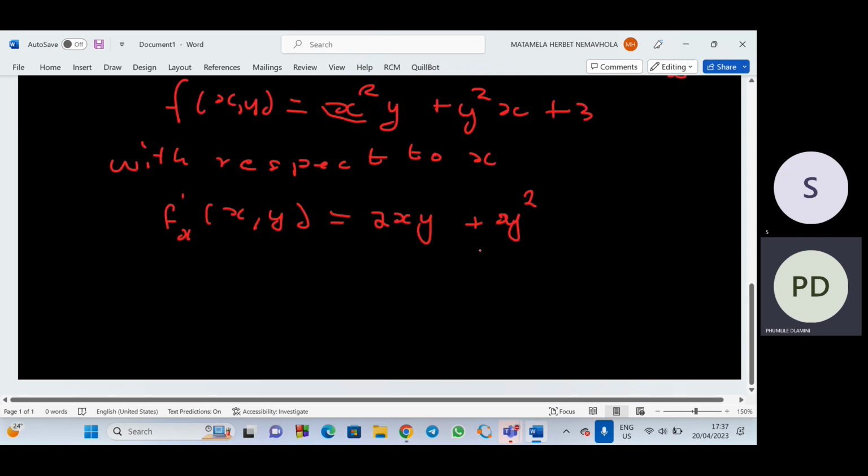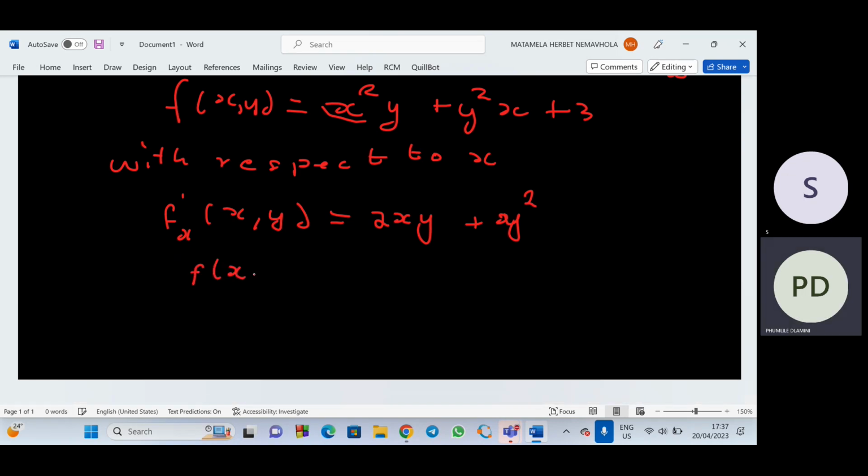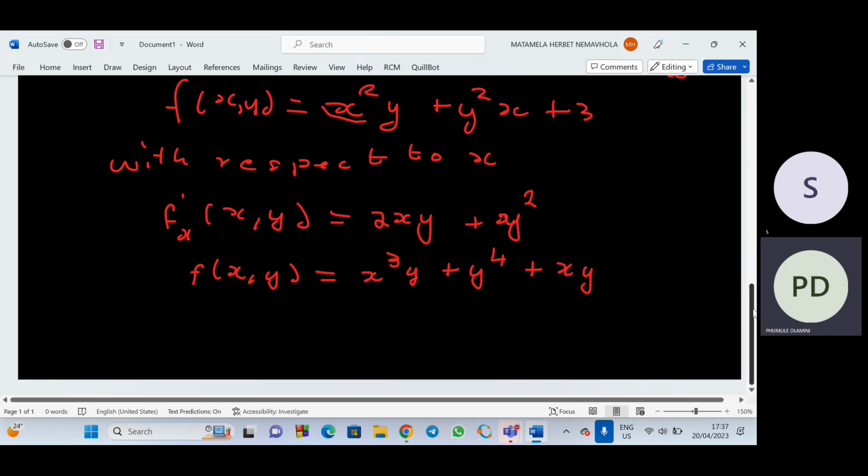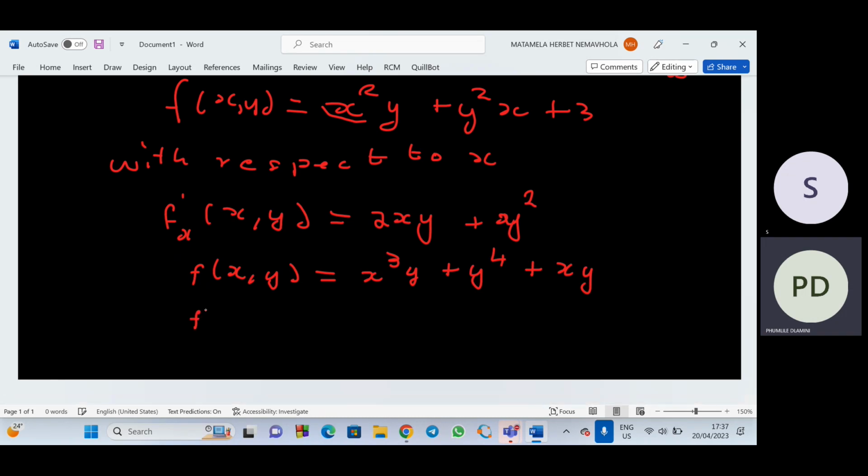So let me show you with a different example again, so that you can see what exactly is happening. If you have f of x and y, which is equal to, let's say, x to the power 3 times y plus y to the power 4 plus xy. Then if I have to differentiate this with respect to x, our f prime of x is going to be equal to, you take 3 down because we are differentiating with respect to x, 3x squared y.